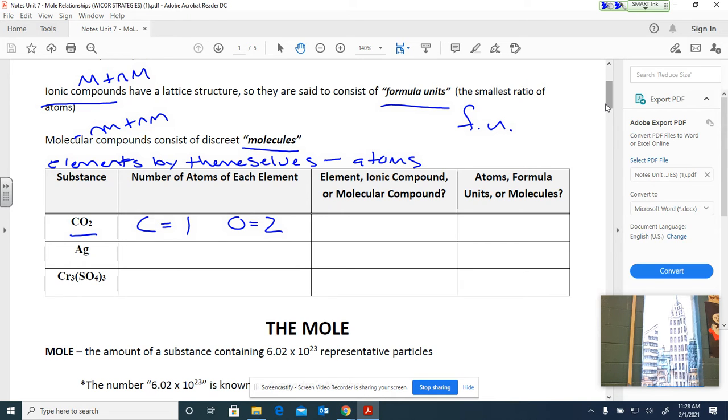Now, is it an element, is it an ionic compound, or is it a molecular formula? So it's not an element, because it's not by itself. It is a type of compound. Now, ionic means metal, non-metal. Molecular means non-metal, non-metal. So this carbon is in the non-metal side of the periodic table. So is oxygen. So it's a non-metal, non-metal compound, which would make it molecular. Good. Try again.